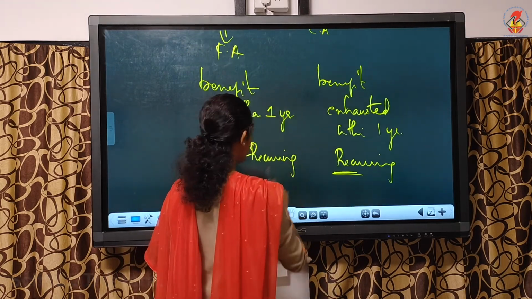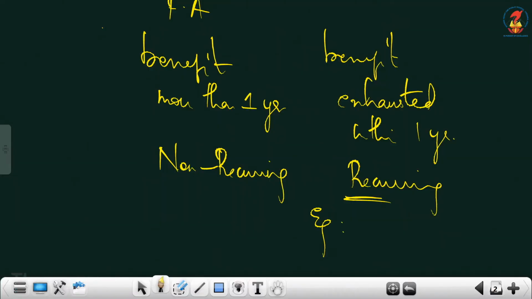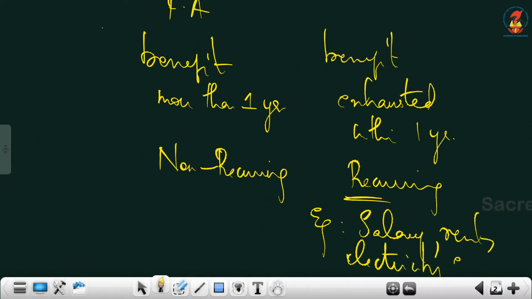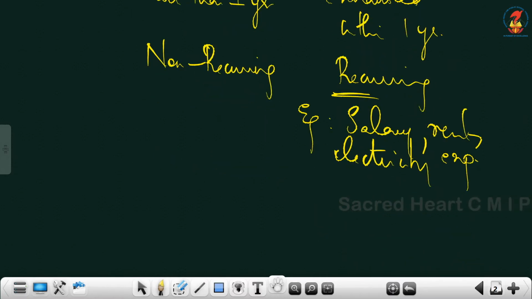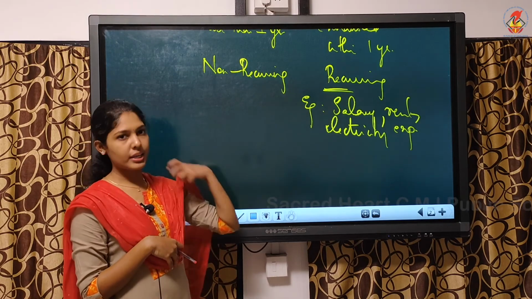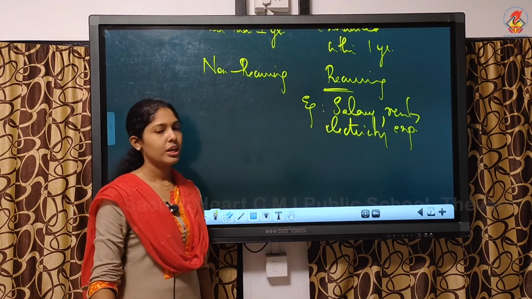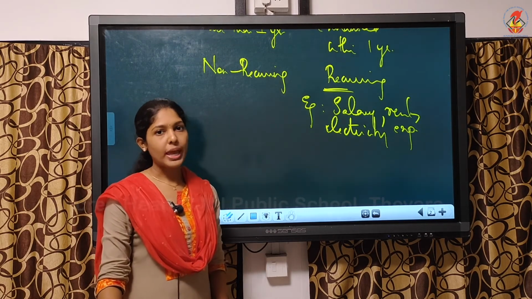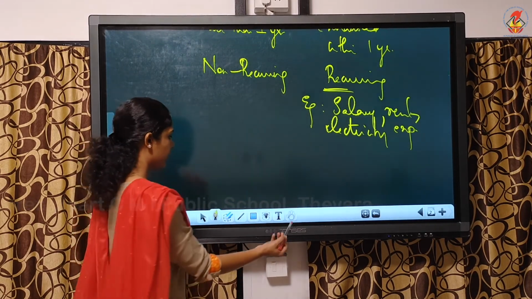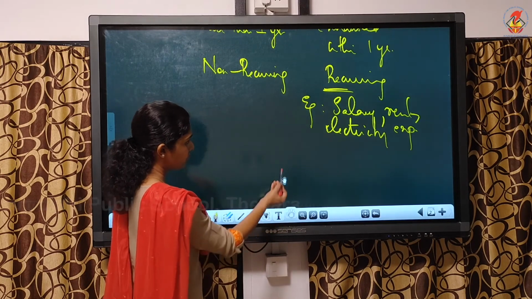An example you can write for revenue expenditure is salary paid, rent paid, electricity expenses paid. All these are recurring in nature, and the benefit of which will get exhausted in the first year itself. I mean in 1 year itself. And these are all recurring. That's the meaning of revenue expenditure.